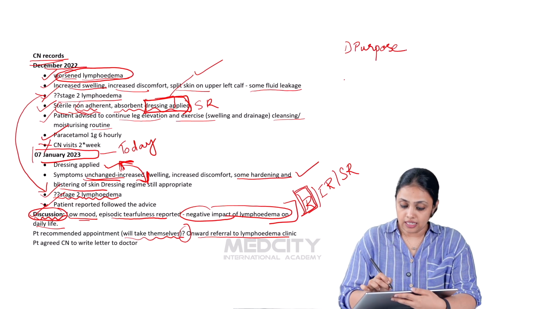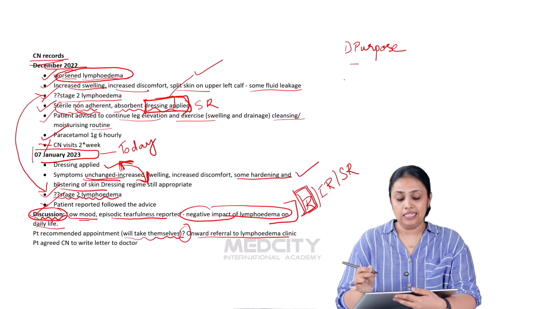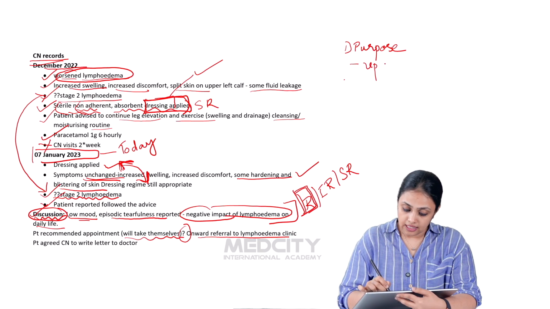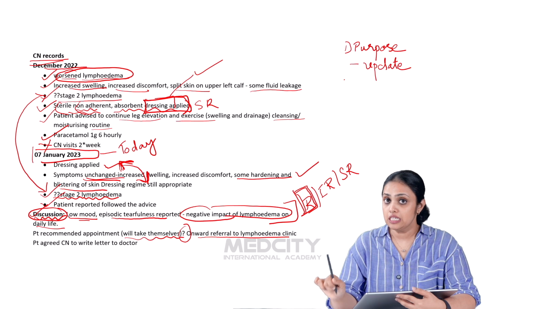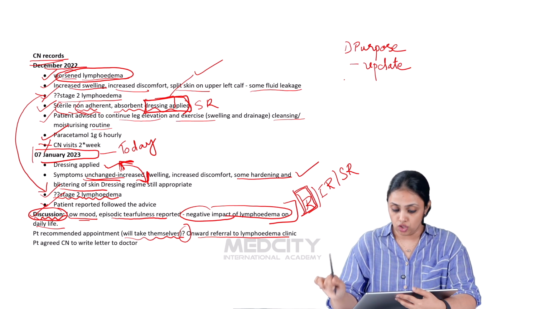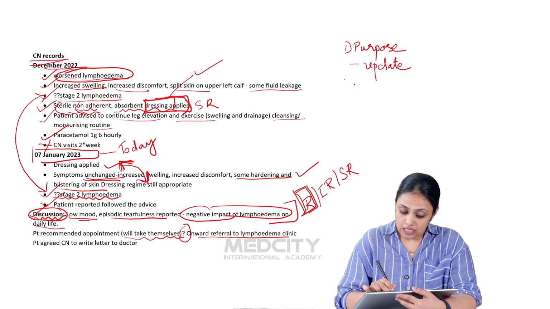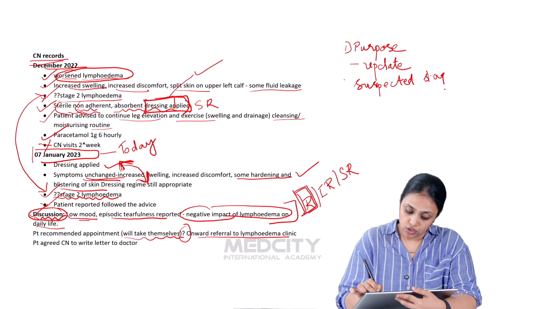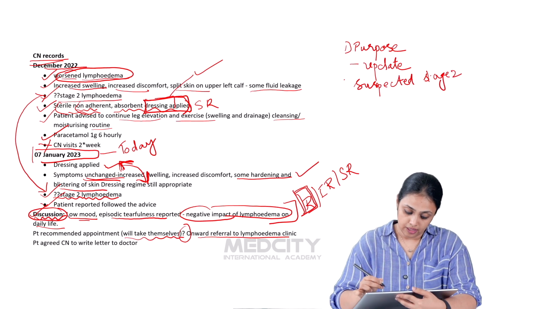So here we understand that the reason for writing this letter is to update the current health condition of the reader's patient, Miss Anna Johnson, who is suspected to have stage 2 lymphedema.